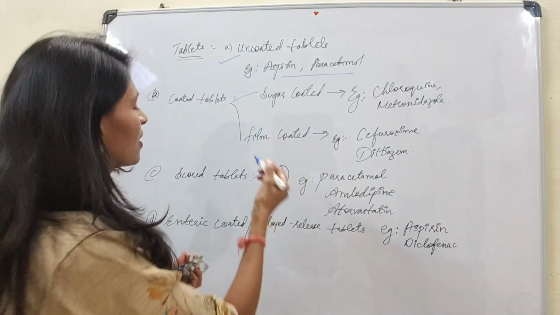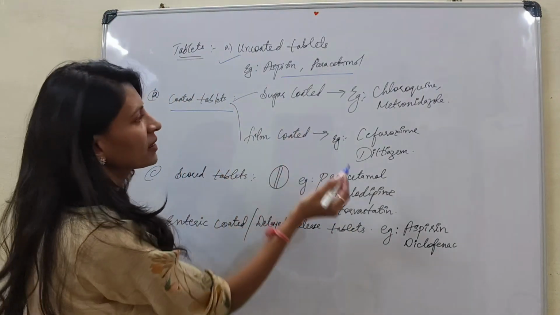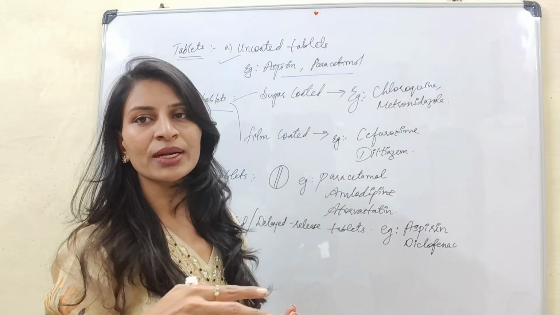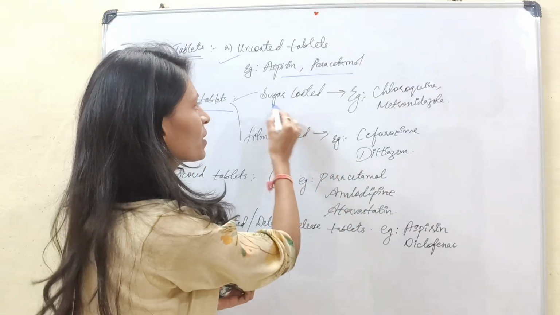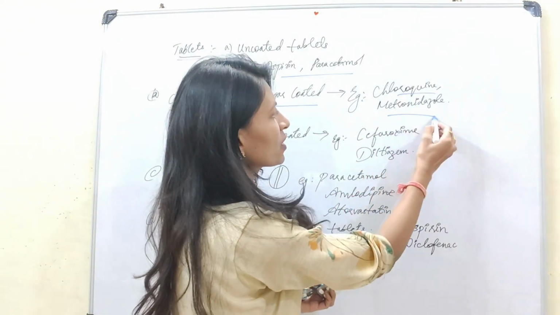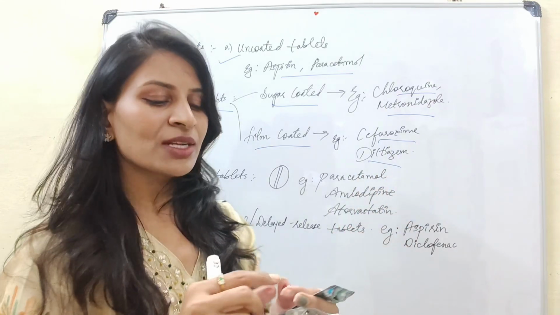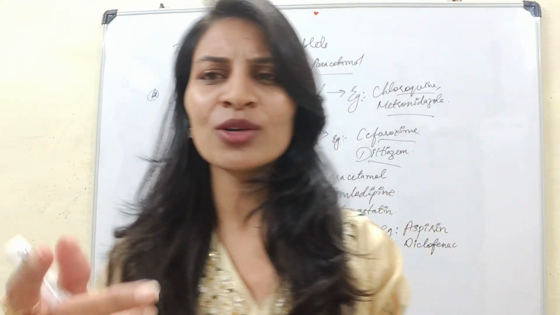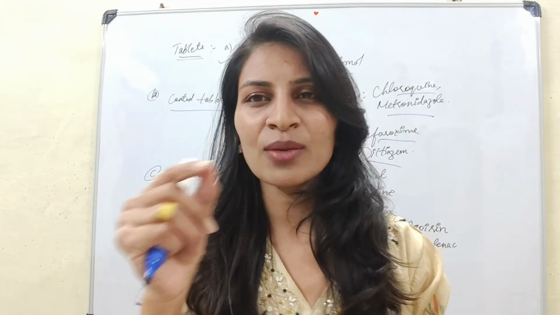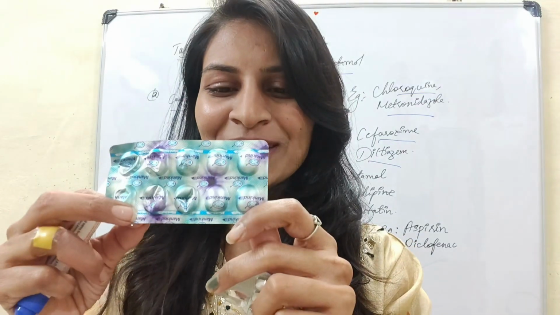Next one is the coated tablet. In that we have two types, sugar coated and film coated. Sugar coated examples are chloroquine and metronidazole. Film coated ones are cefuroxime and diltiazem. I'll show the film coated one. Sugar coated you would have seen, it's just a layer upon the tablet. And this is cefixime, actually, Cefixime 200 mg tablet.